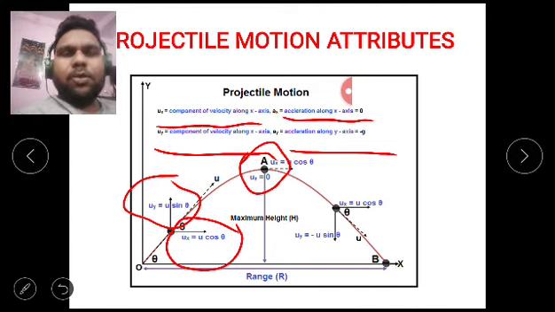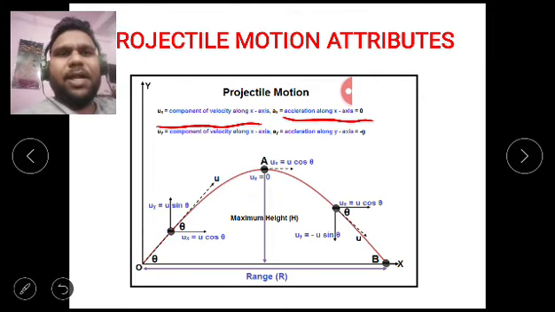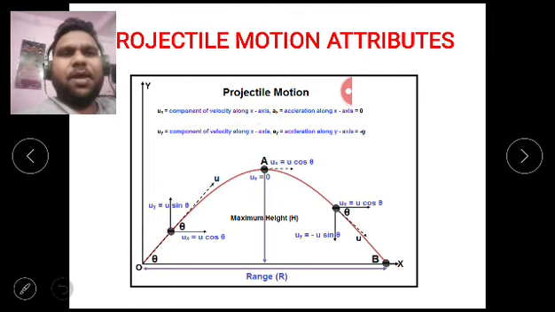After that, the velocity will again increase till it hits the ground. The journey from O to A is called ascent, and the journey from A to B is called descent. The time taken from O to A is called ascent time, and from A to B is called descent time.